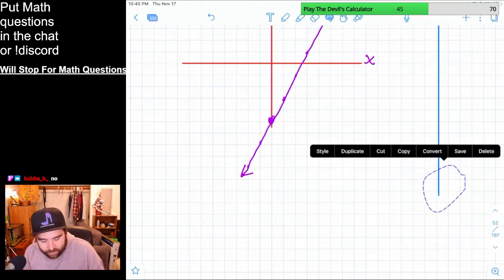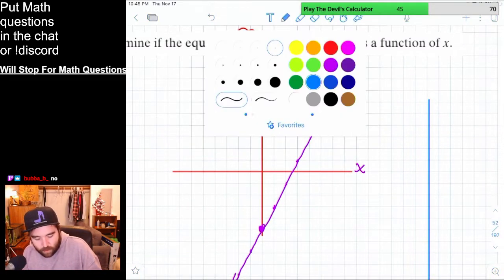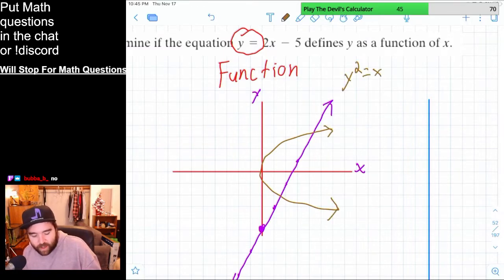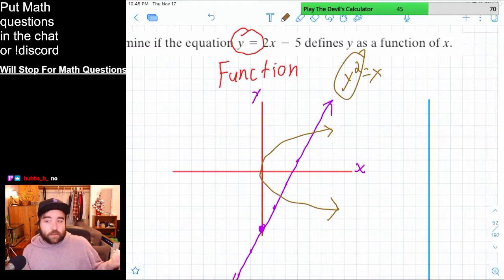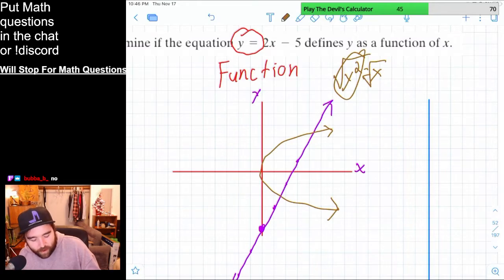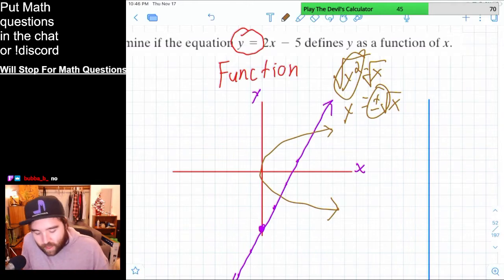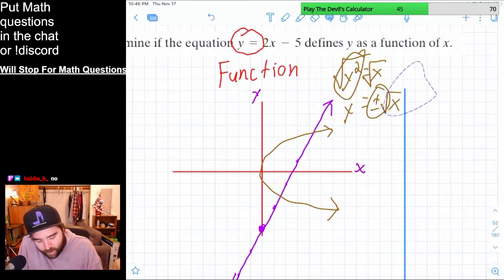And so see how that's different compared to if you had a graph that was like this, which, by the way, the equation for that is y squared equals x. So notice how we didn't solve for y. And if we tried to solve for y, get y by itself, we'd have to have a plus or minus over here, which is giving us our two different solutions. And see how we can see that from our graph as well.